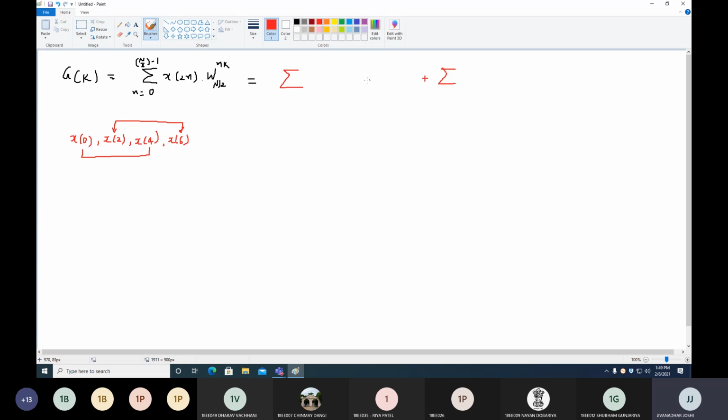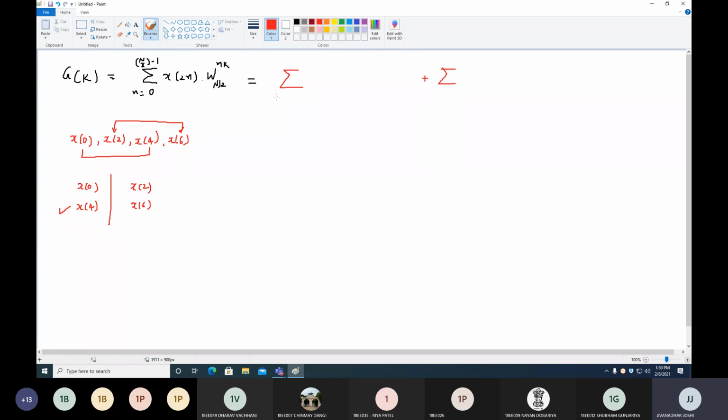So the first term should pick up x of 0 and x of 4, and the second summation should pick up x of 2 and x of 6. The first term should pick up x of 0 when n is equal to 0. The first term should pick up x of 4 when n is equal to 1, right?